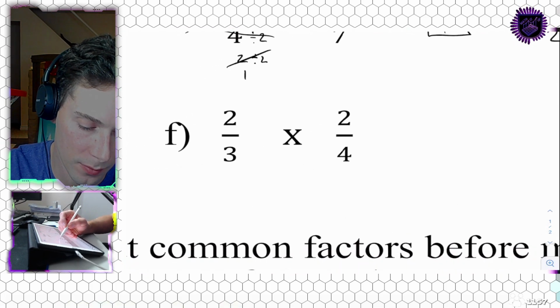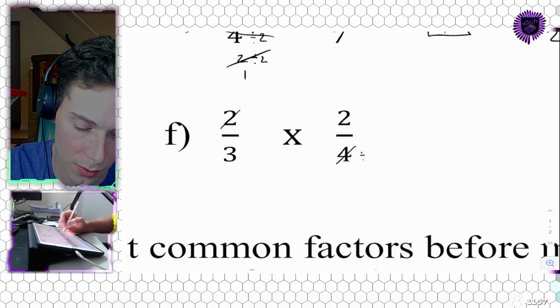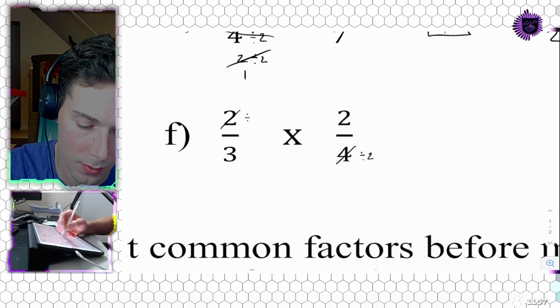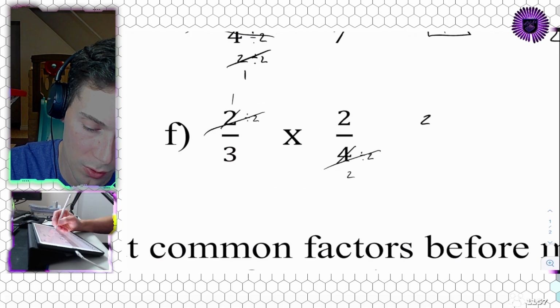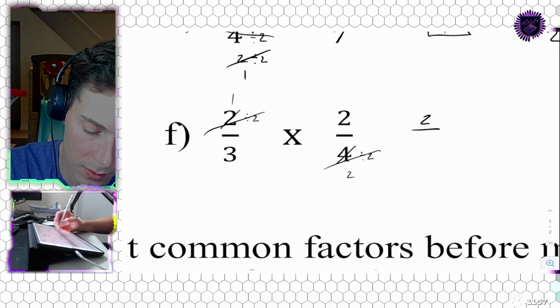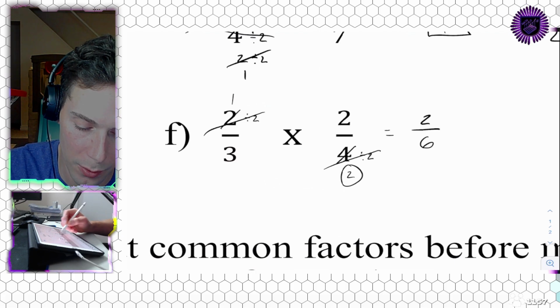2F. So greatest common factor between these two is going to be 2. That's going to cancel out and become 1. Cancel out, become 2. And we have 1 times 2 and 3 times 2, which is going to be 2 over... Oh, I didn't fully cancel out the factors because now we have 2/2.